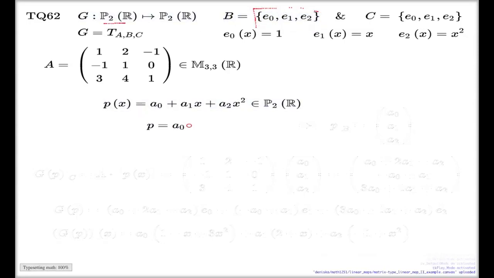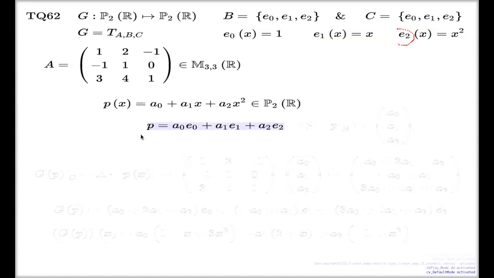P, you see I'm dropping the x from my notation because now I operate on polynomials as vectors, entities with no values or functions. So P is a linear combination of my basis like this: A0 times E0 polynomial, A1 times x, which is E1 polynomial, and A2 times x squared, which is E2 polynomial.